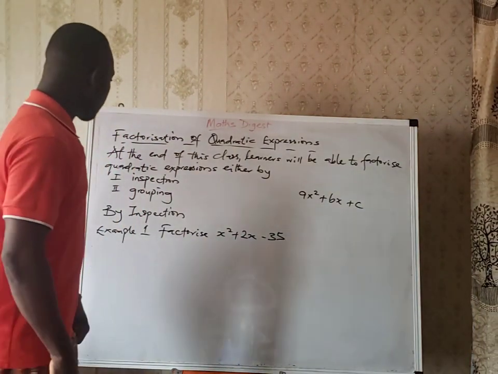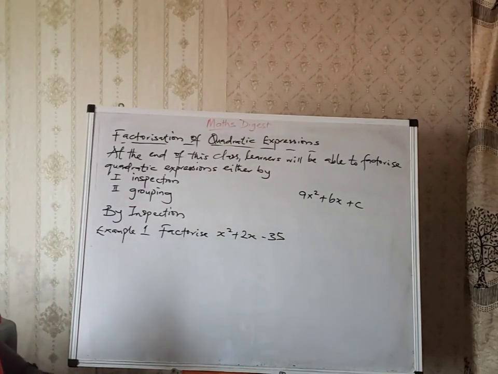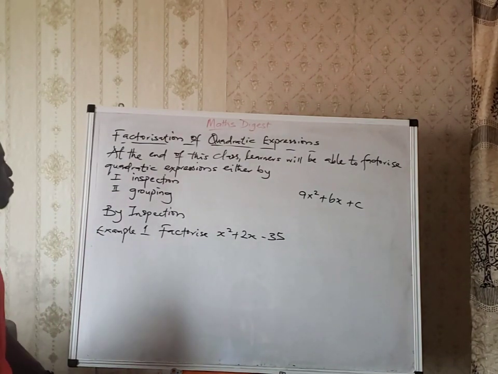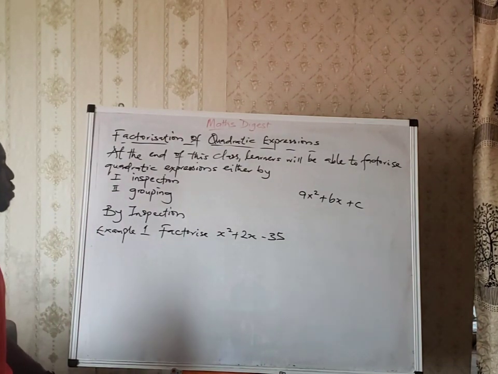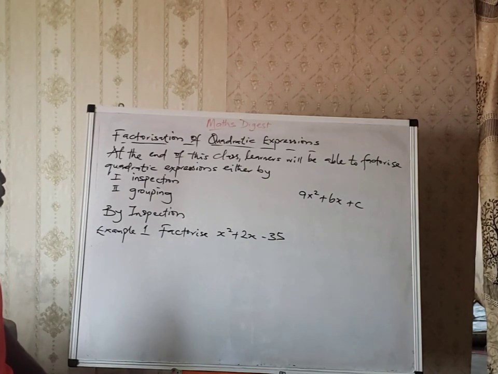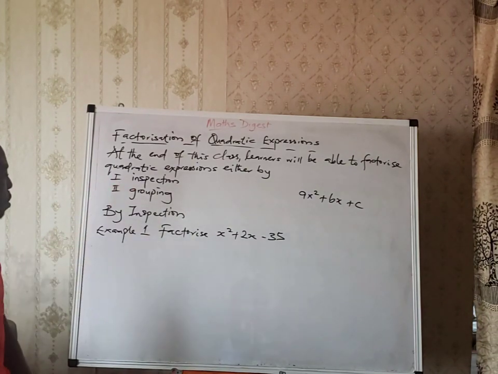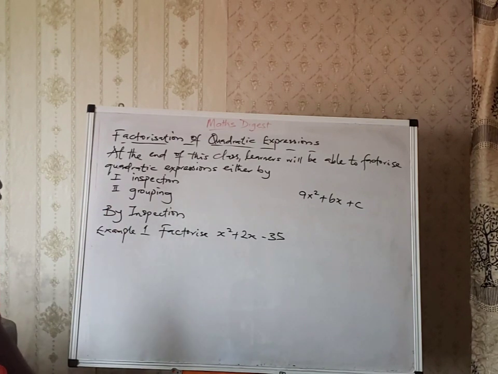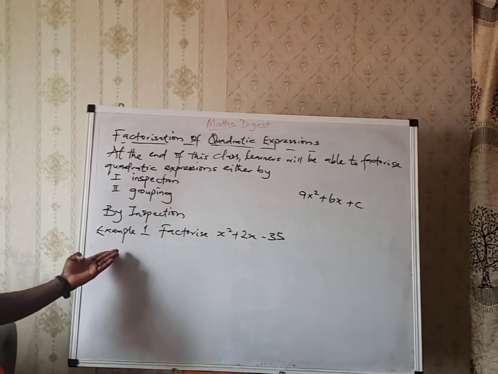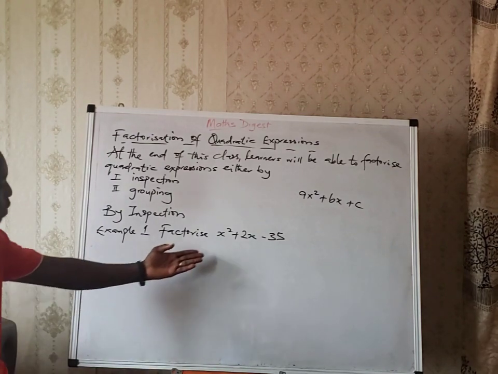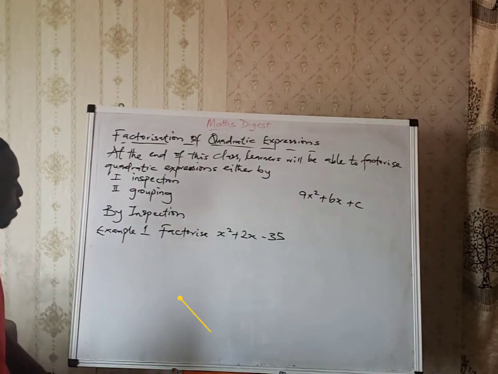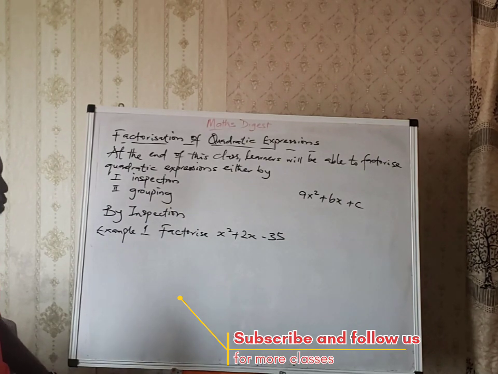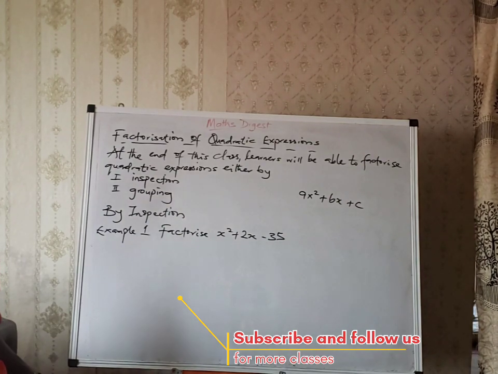Okay, now at the end of this class, learners will be able to factorize quadratic expressions either by inspection, or the second one by grouping. Now by inspection, let's take for example this particular one, factorize x squared plus 2x minus 35.